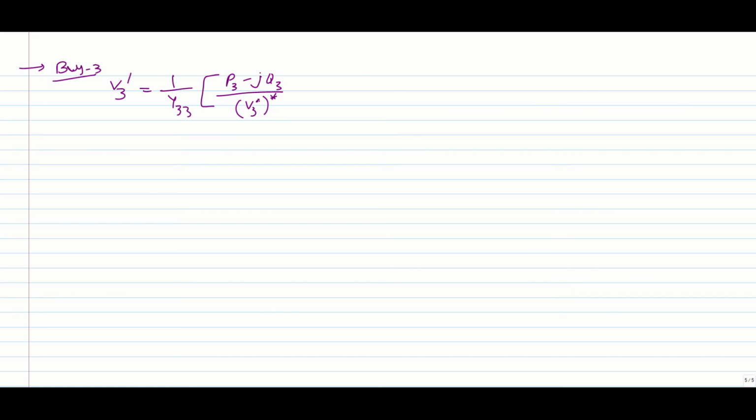which is equal to V30 star, V30 star minus Y31 V11 minus Y32 V21. Okay, we have substituted I equal to 3, K equal to 0 and N equal to 3 in the equation for PQ buses.